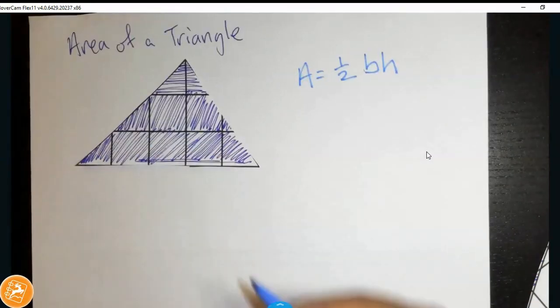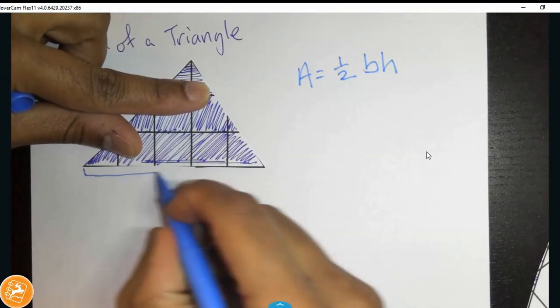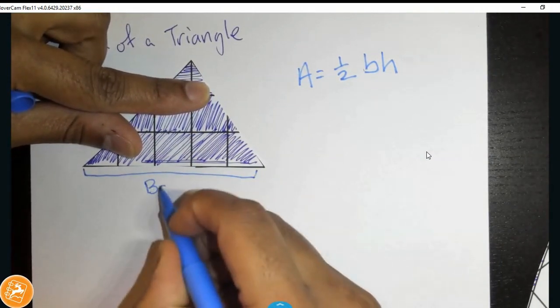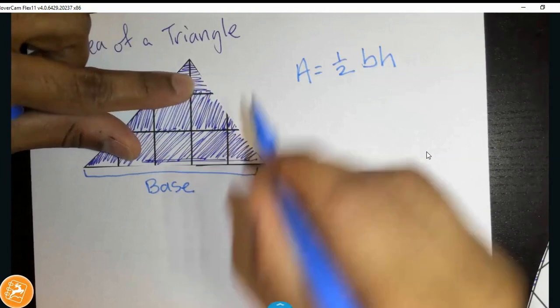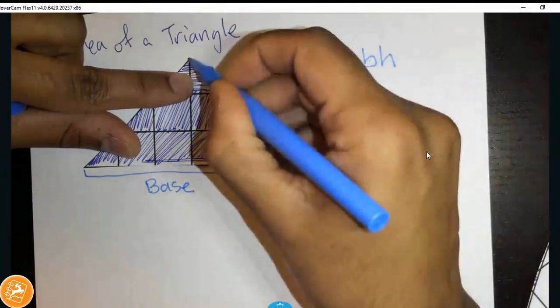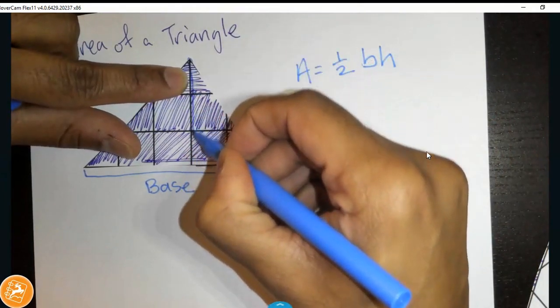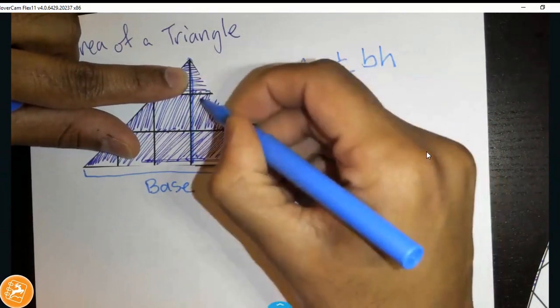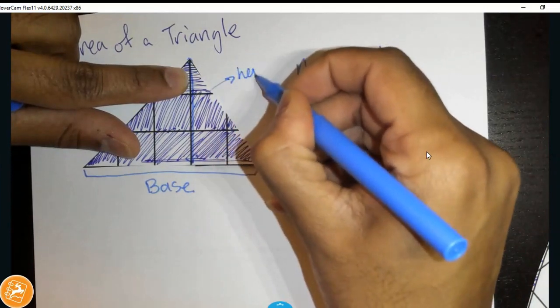Now, in a triangle, I can label certain parts. For example, this would be my base. And my height is to go from one corner all the way to the base. So if I look at this top part and go straight down to the base, this would be considered my height.